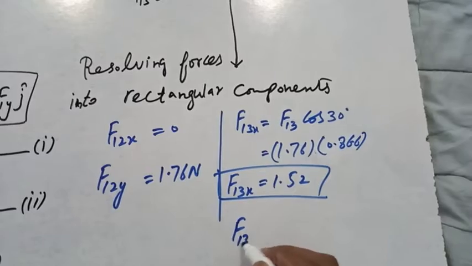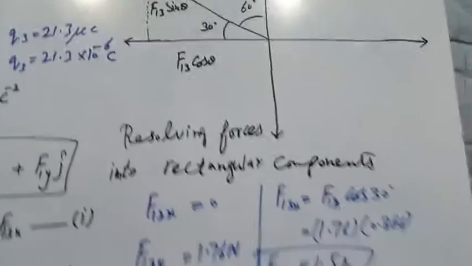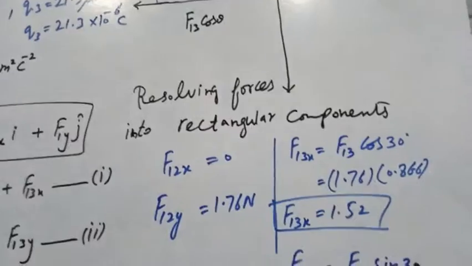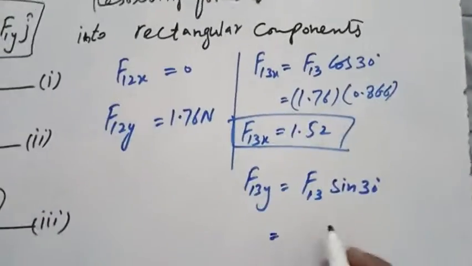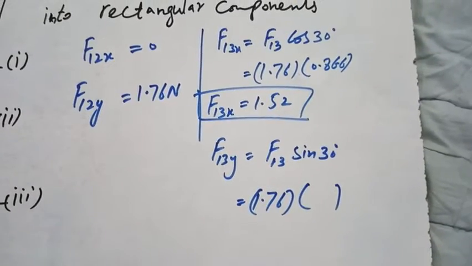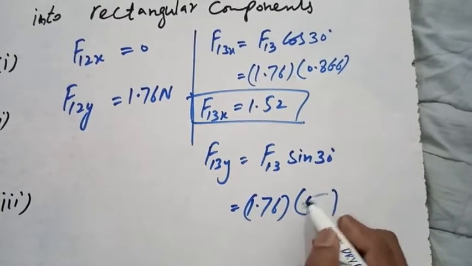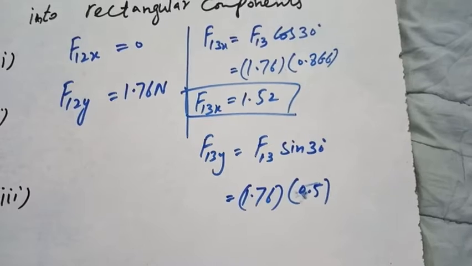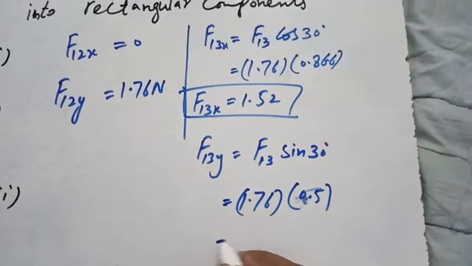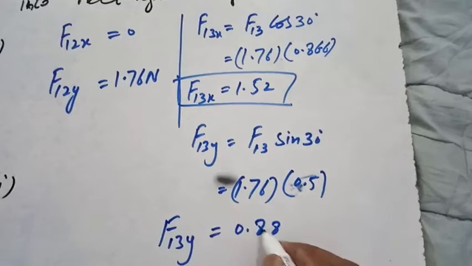The y component of force F13 is F13 sin theta, and in this triangle theta is 30 degrees. It becomes 1.76 times sin 30, which is 0.5, and the answer for the y component is 0.88 newtons.